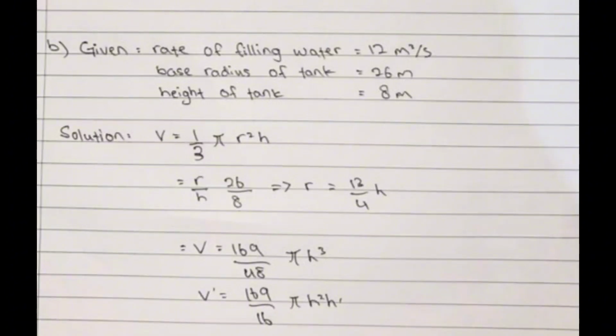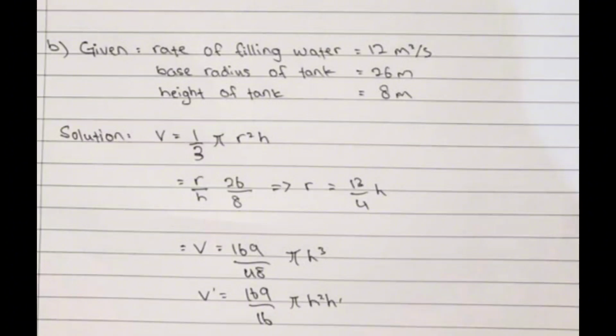How we solve this question is V equals 1 over 3 pi r squared h. r over h is 26 over 8, so r equals 13 over 4 h. Then V equals 169 over 48 pi h cubed.